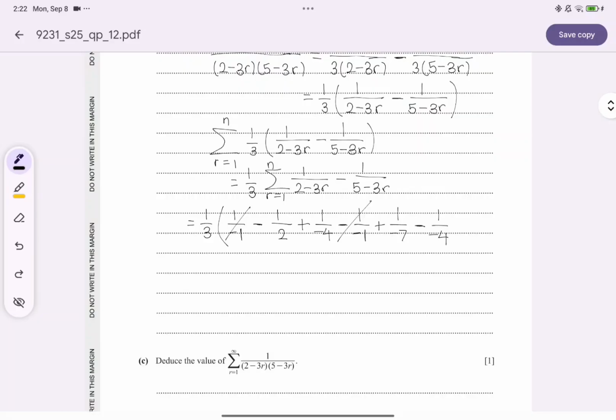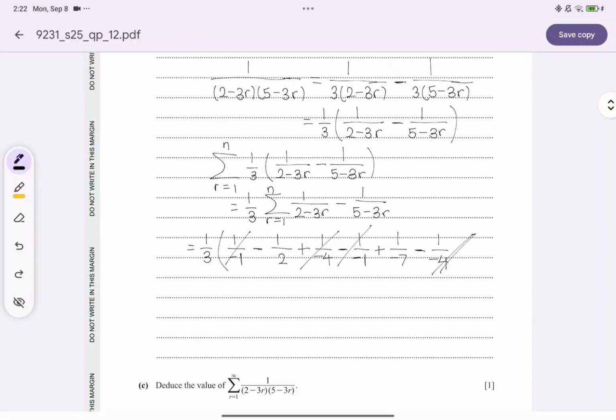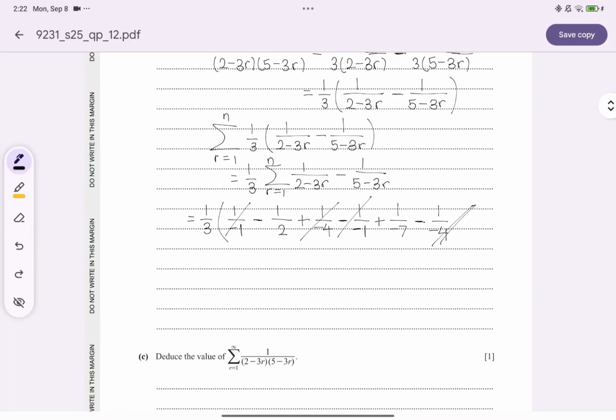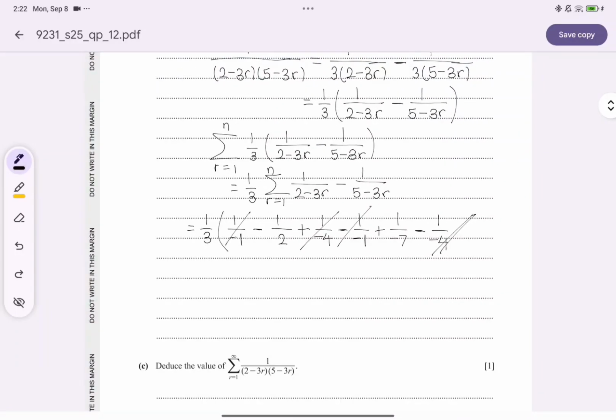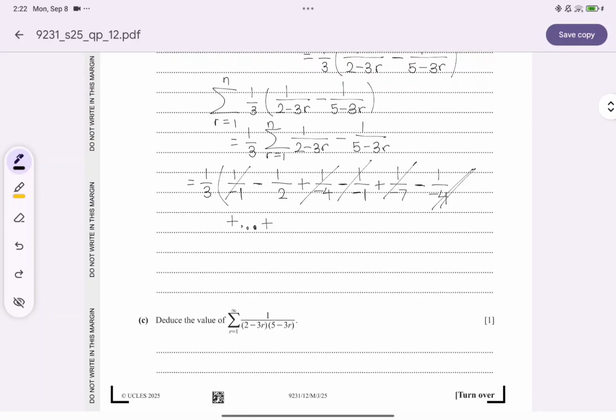So again, we can see that this and this cancels out, and we can say for sure now that 1 over minus 7 would appear when we substitute r equals 4 into 1 over 5 minus 3r, so this will also get cancelled out.